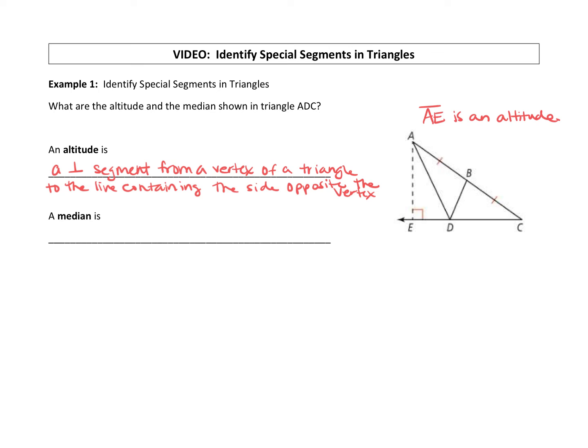A median is a segment that has endpoints at a vertex and the midpoint of the side opposite the vertex.